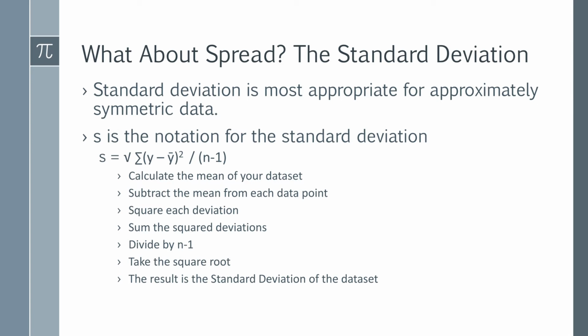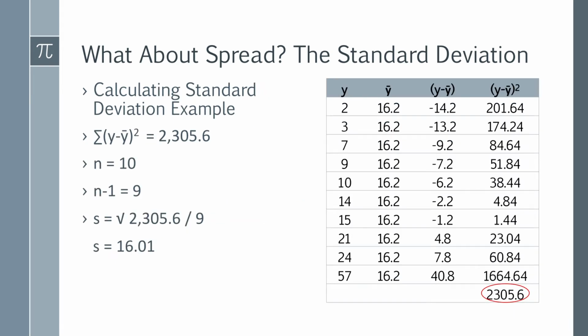Then you square each of those deviations. You take all of those values and sum them up, so you sum the squared deviations. You divide that number by n minus 1. Take the square root of that value, and that result gives you the standard deviation of the data set.